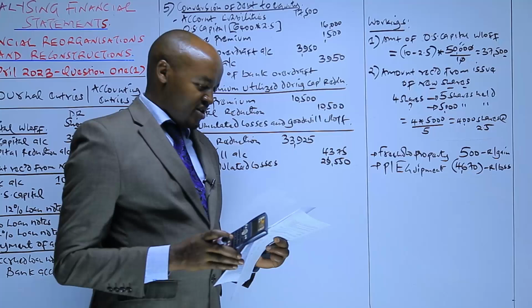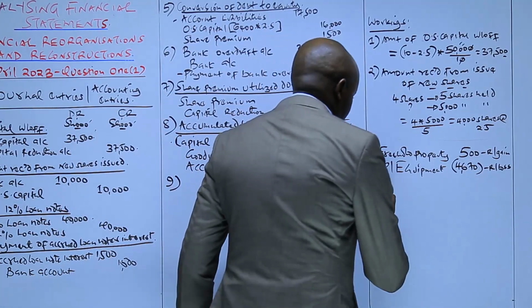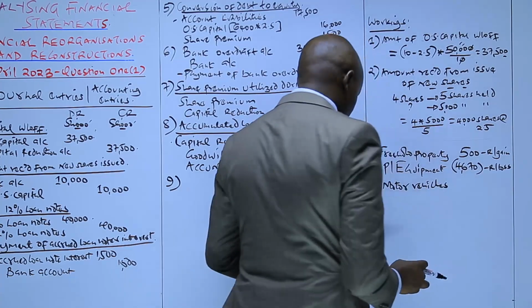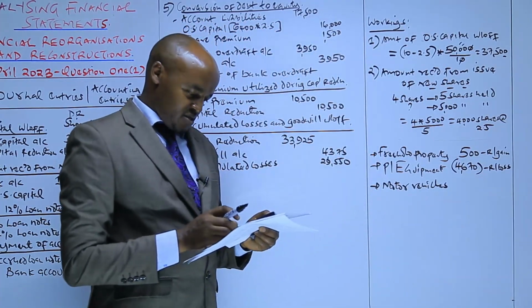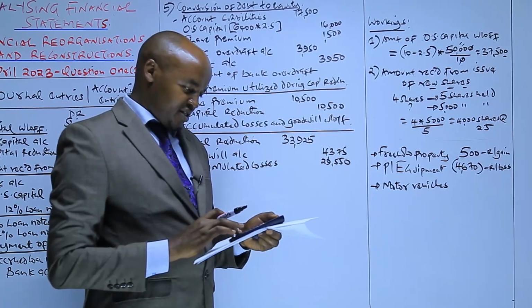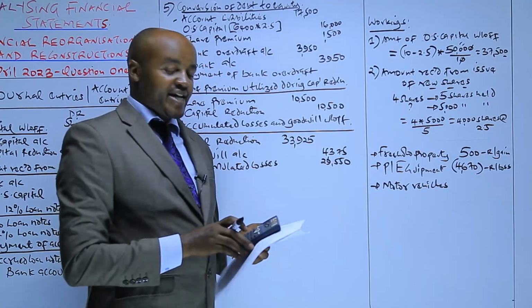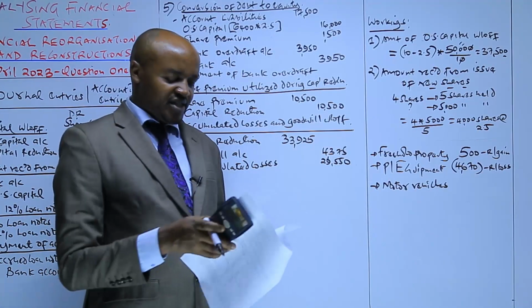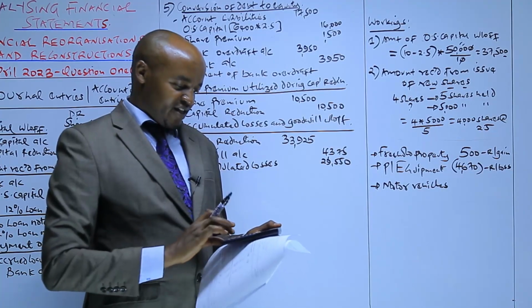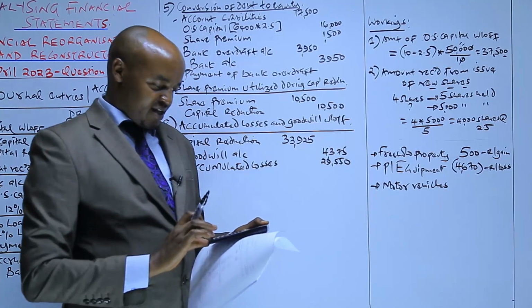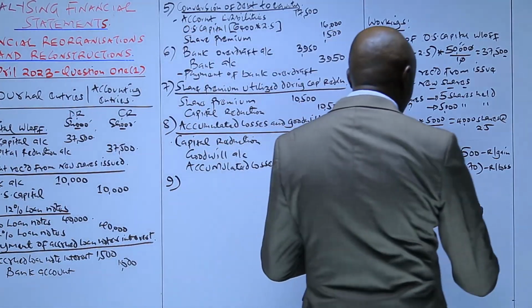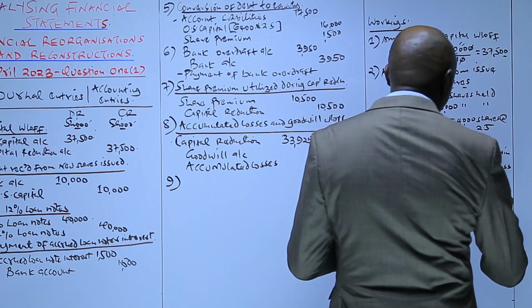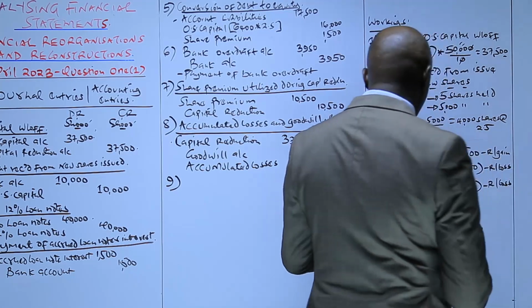So then from there we have motor vehicles. Motor vehicles were revalued to a figure of 5,360, and then we compare that with the carrying amount, the net book value from the statement of financial position, which is 7,075. Equally in this case, the value of motor vehicles was revalued downward by 1,715, which is a revaluation loss.